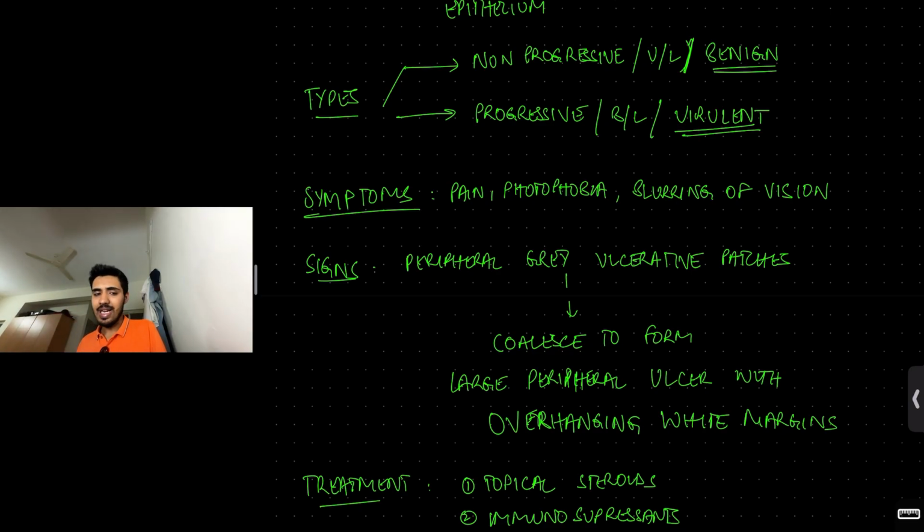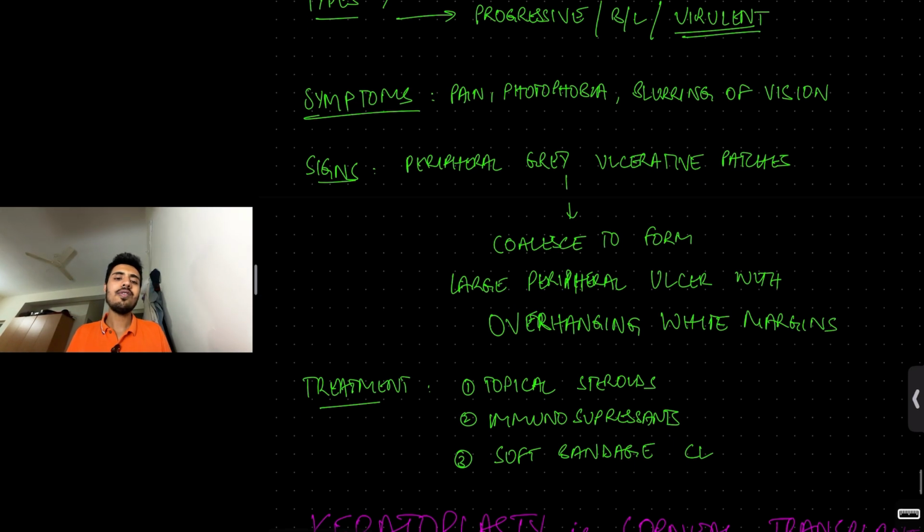Then come to the signs. Initially you have small peripheral gray ulcerative patches. They eventually coalesce, and when they coalesce, they form a large peripheral ulcer with overhanging white edges.